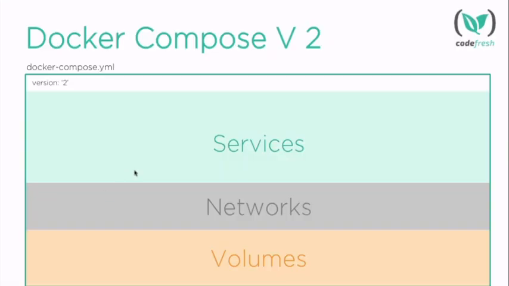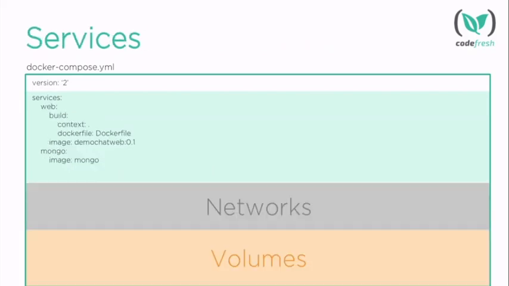We learned that there are 3 sections there: services, networks, and volumes. The networks and volumes, again, are optional. Services needs to be there. It has to start with version 2 to indicate to Docker Compose that this file is following the version 2 specification.